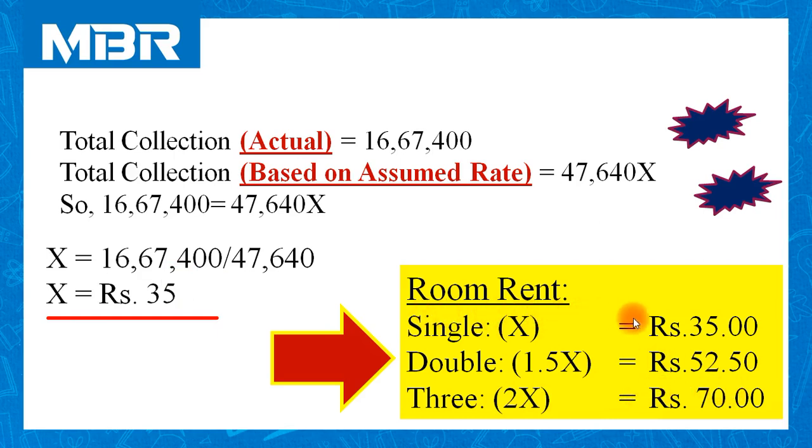So the hotel has to charge rupees 35 per room per day for single bed suite, 52.5 for double bed suite, and rupees 70 for 3-bed suites.